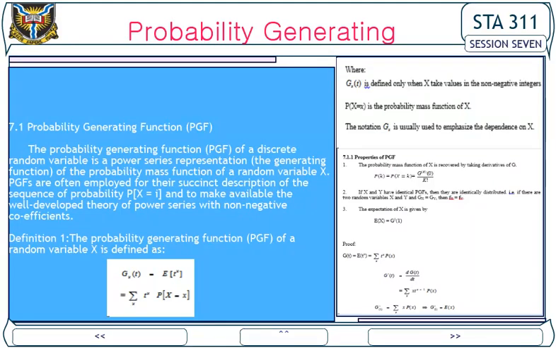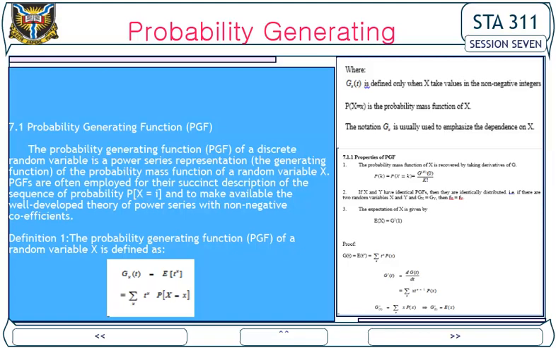The probability generating function of a discrete random variable is a power series representation, the generating function of the probability mass function of a random variable X. PGFs are often employed for their succinct description of the sequence of probabilities P(X = i), and to make available the well-developed theory of power series with non-negative coefficients.